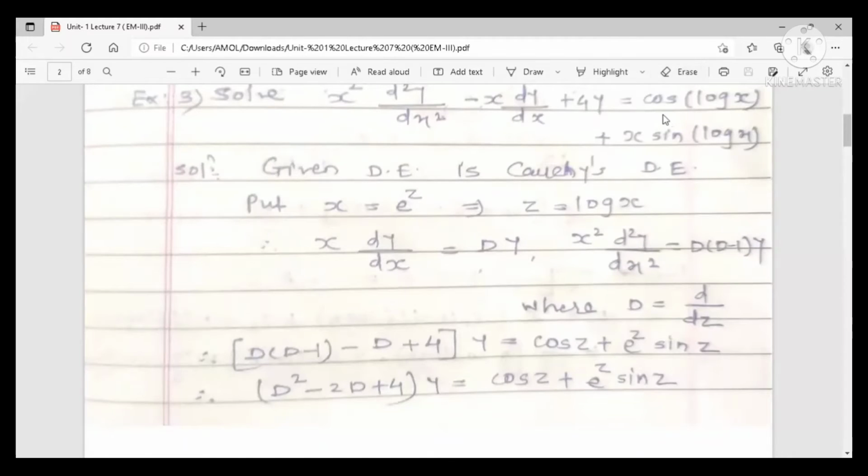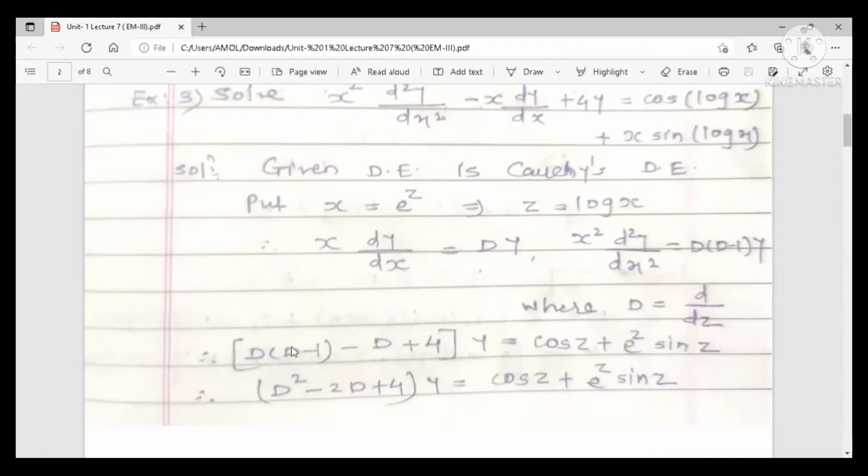So in the RHS, the term is cos of z plus, x is equal to e raised to z, so replace that x by e raised to z here, sine of log of x. Log of x is equal to z, so replace that log of x by z. So in the RHS, the term is cos z plus e raised to z into sine z.